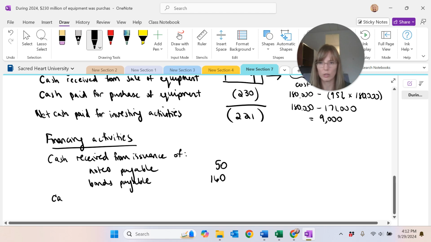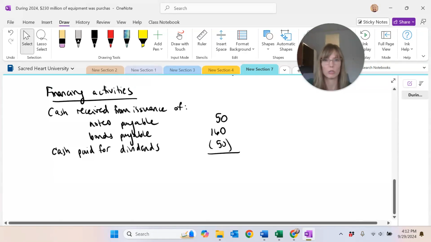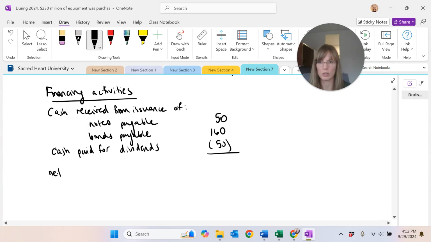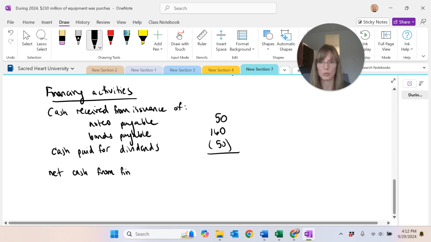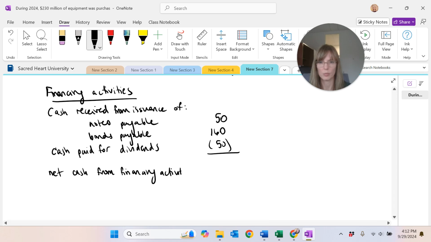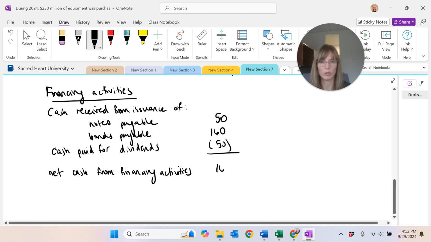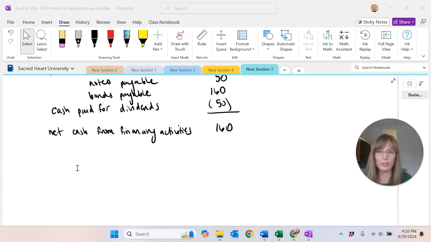And then the only other item that we have is cash paid for dividends. So we have a net cash received from financing activities of 160 million.